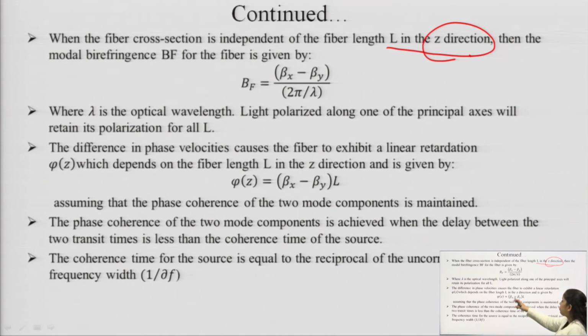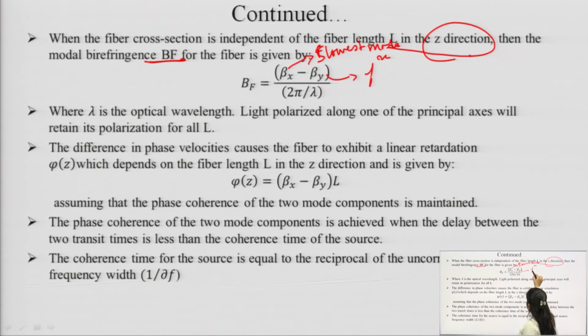In that case, the modal birefringence Bf is given by beta x, the slowest mode in the x direction, minus beta y, the fastest mode in the y direction, divided by 2 pi by lambda, where lambda is the optical wavelength.